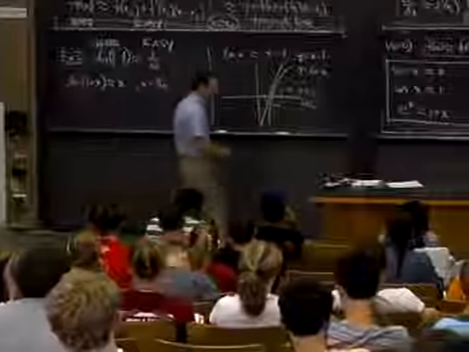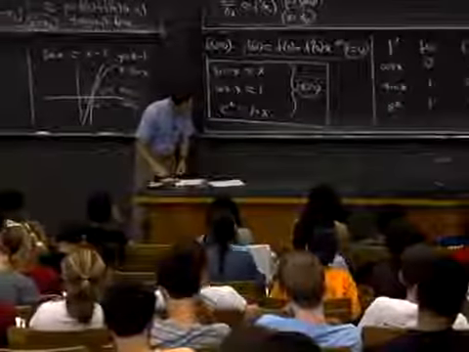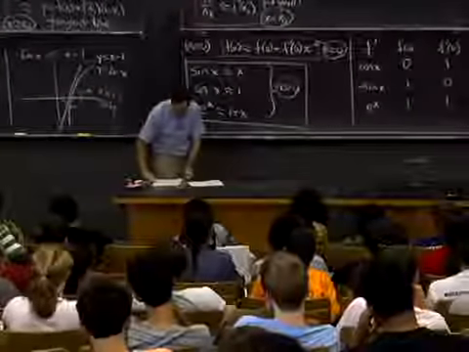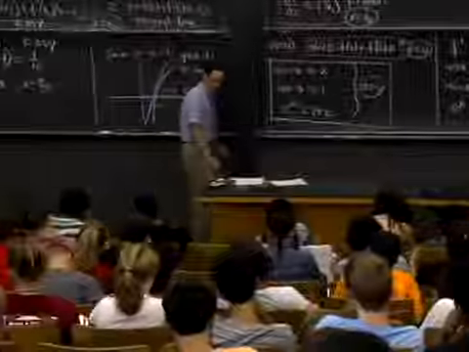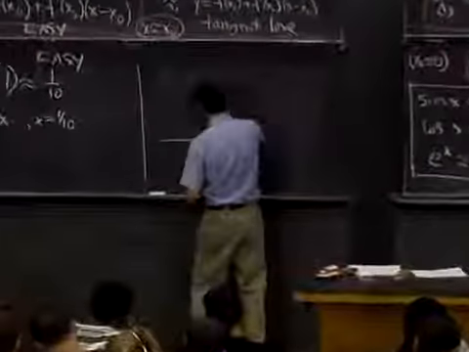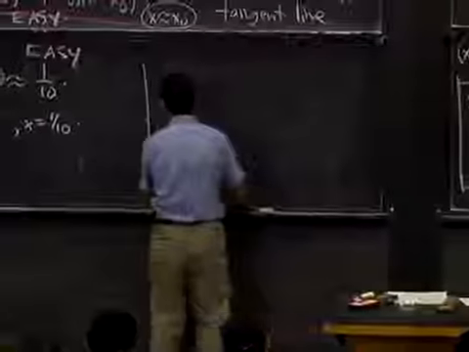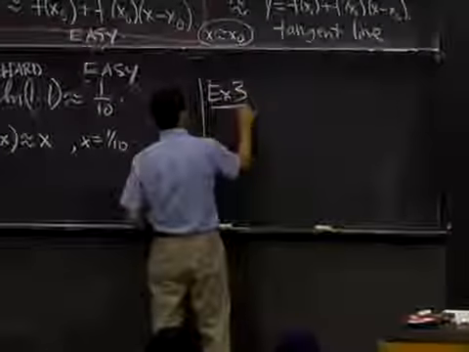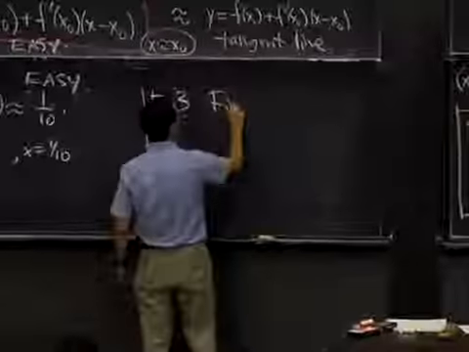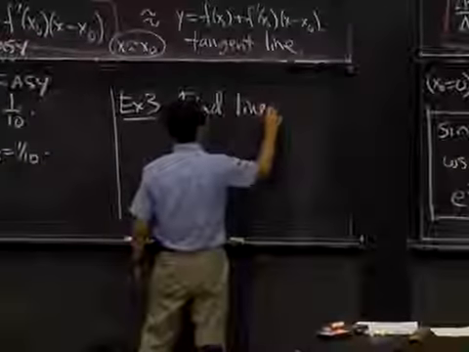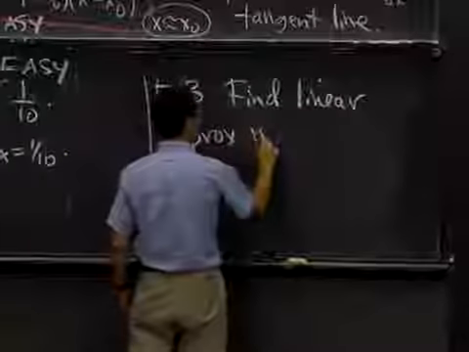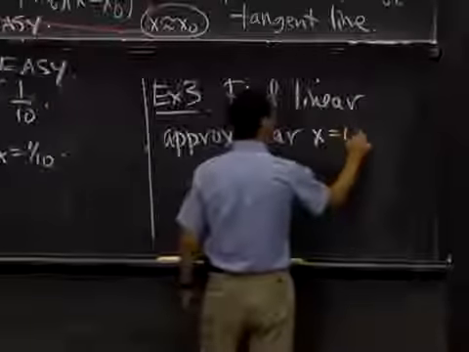Okay, so let's continue here. Let me give you some more examples where it becomes even more vivid that this approximation is giving us something a little simpler to deal with. So here's example 3. I want to find the linear approximation near x equals 0.